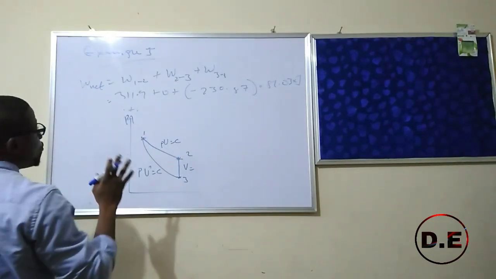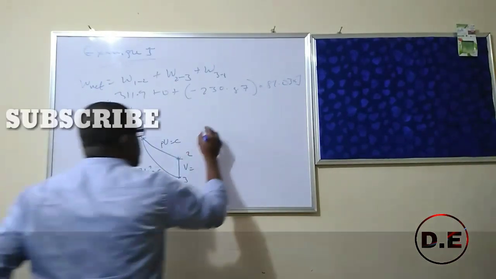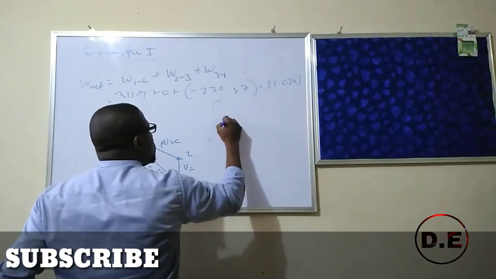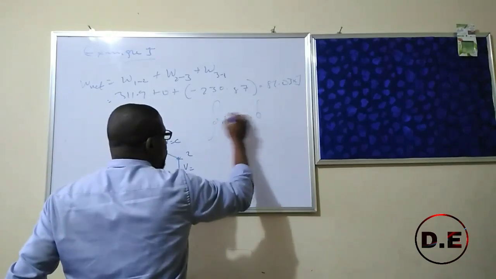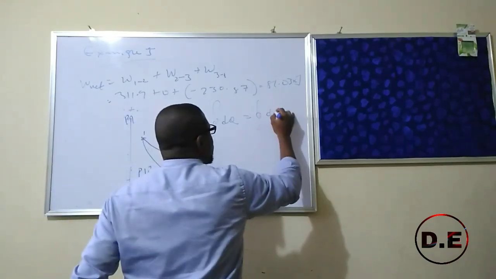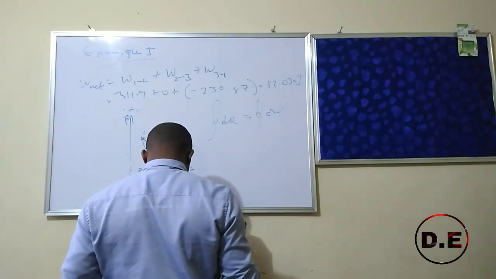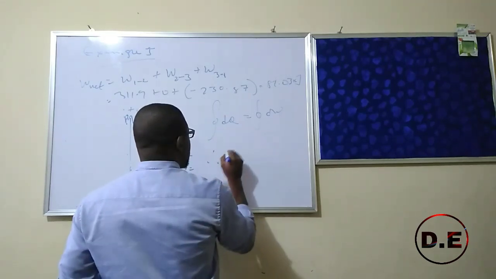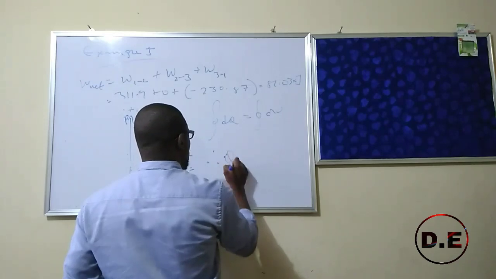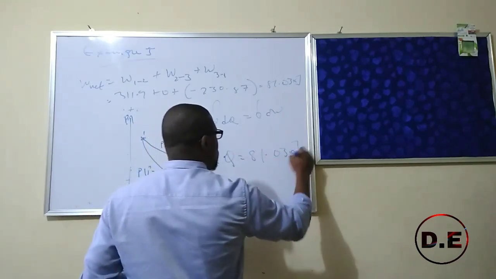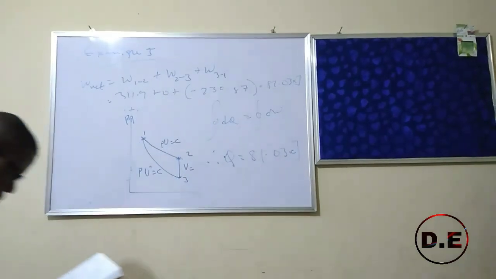So since we've written that, we recall from first law, the cyclic integral of dQ is equal to the cyclic integral of dW. So that means that I can say, therefore, that the heat supplied Q is also equal to 81.03 kilojoules.